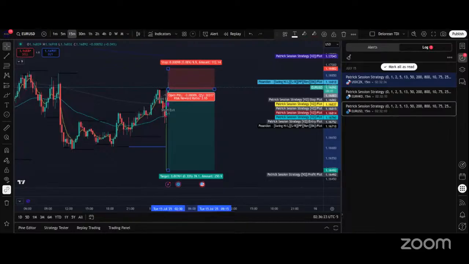Take profit remains the same at 1.16492, but this time it's going to be for 39 pips. Stop loss goes to 1.16892, and that's now going to be for 10 pips. And entry price is 1.16883.